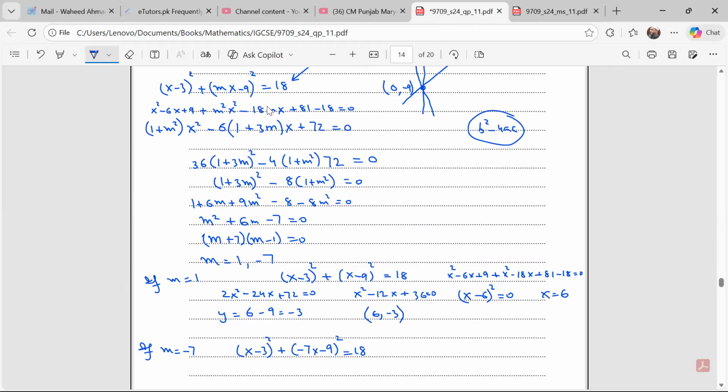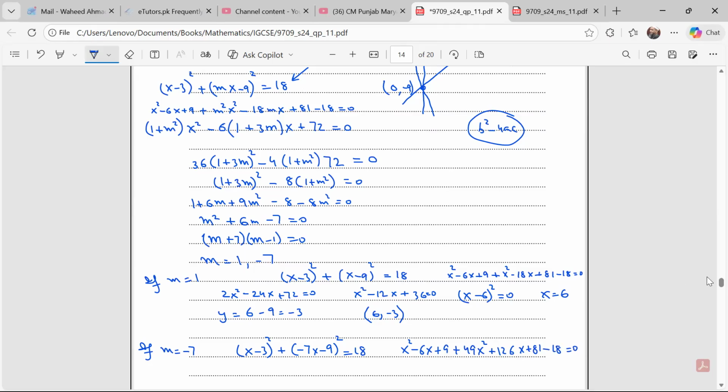The first expression is the same one. It will give me x squared minus 6x plus 9. And this square will give me 49x squared, plus 126x, plus 81, and minus 18 equal to 0.